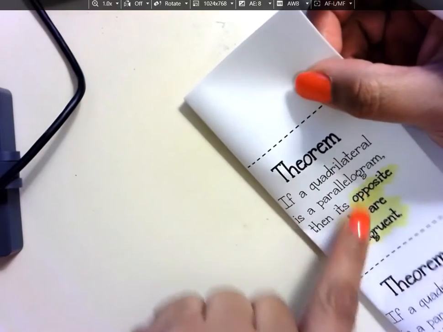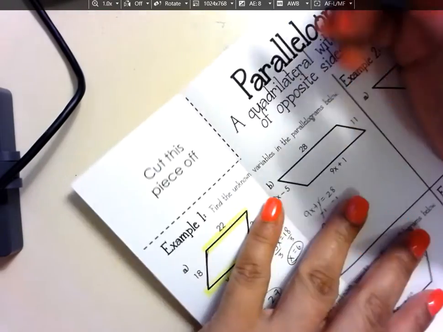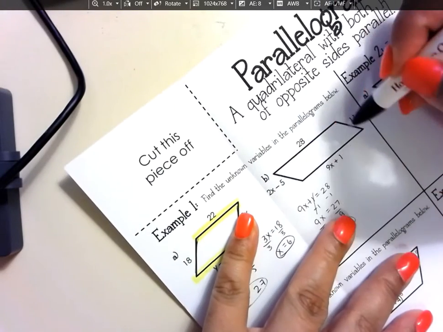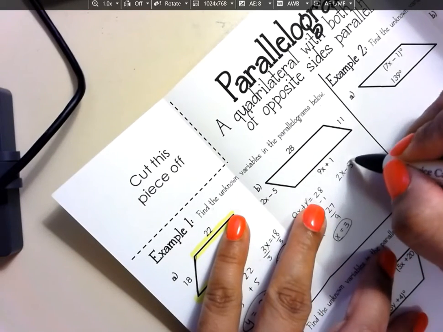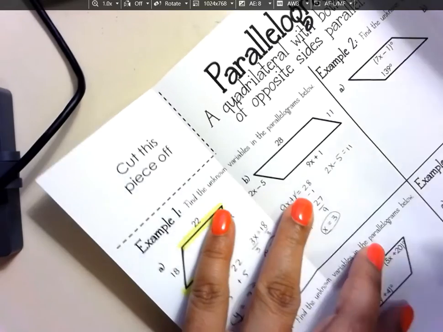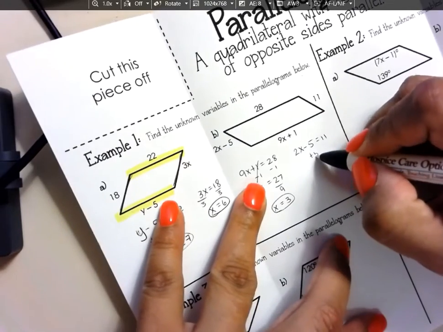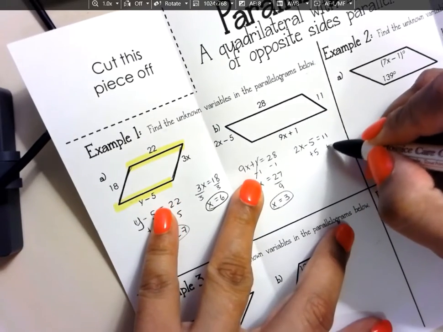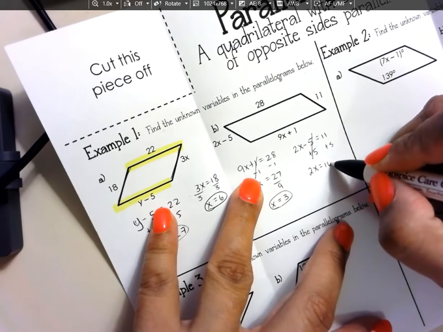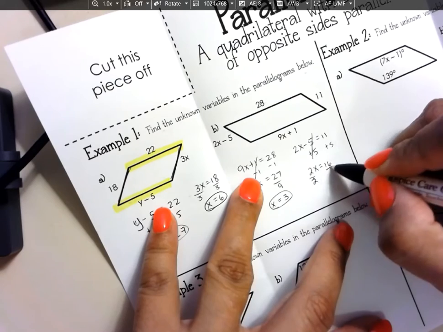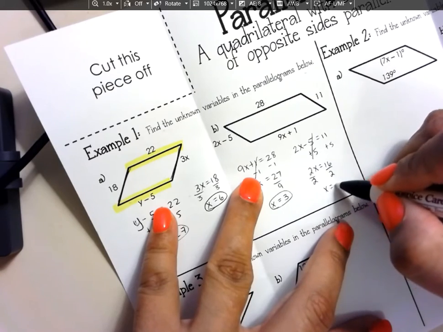Opposite sides are congruent. So that means this side is congruent to this side. So 2x minus 5 equals 11. You're going to add 5. You're left with 2x equals 16. Dividing both sides by 2 gives you that x equals 8.